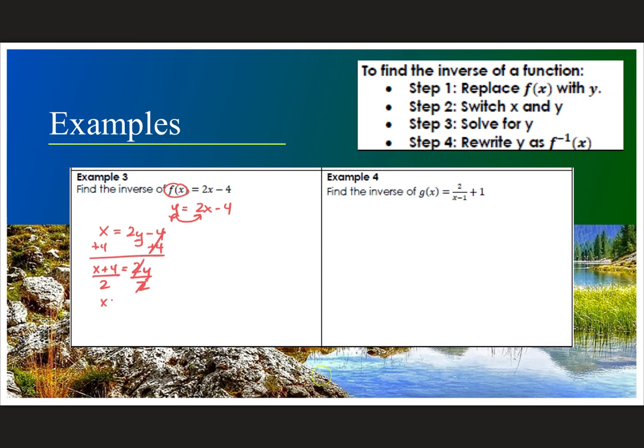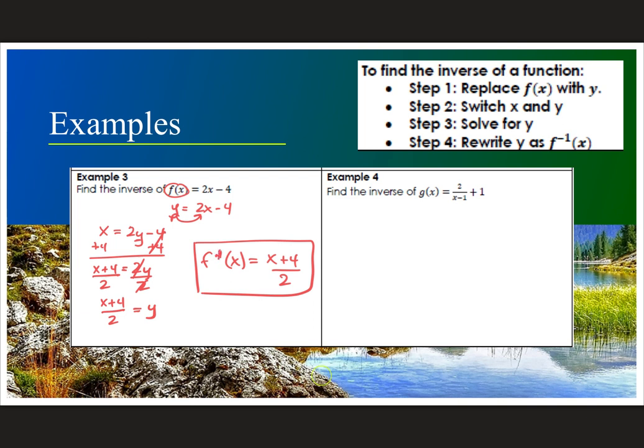So now I have x plus 4 over 2 equals y. And then my last step is to replace this y with f -1 of x. It's just the exact same equation. I just replaced one thing. So that's how you do that.